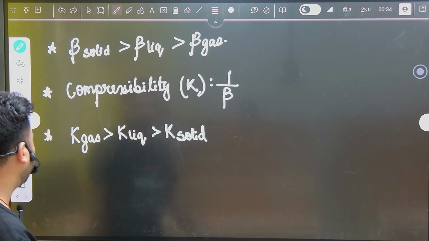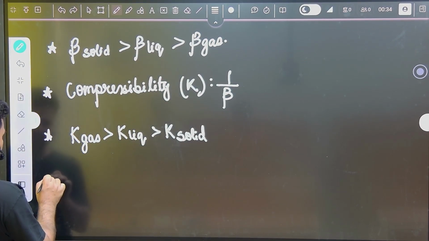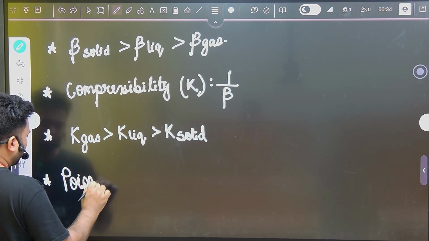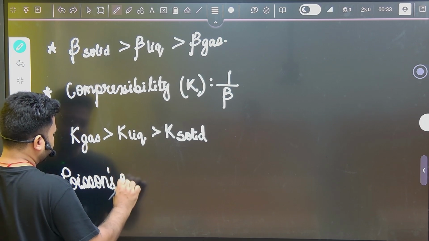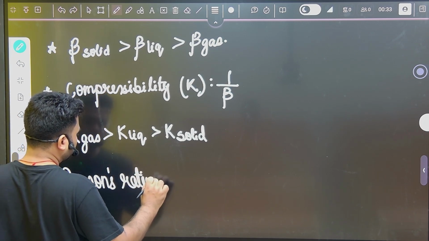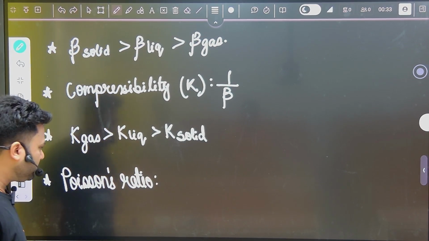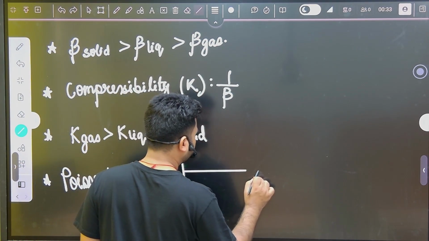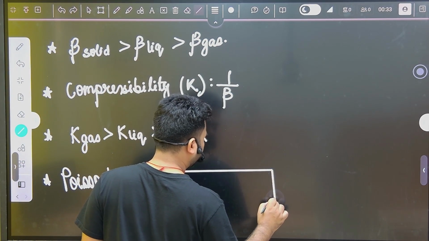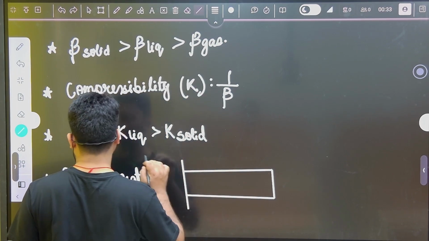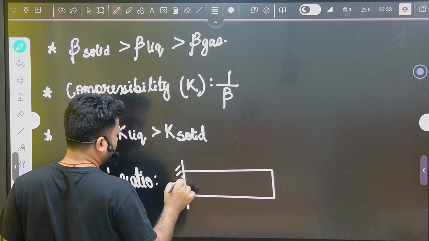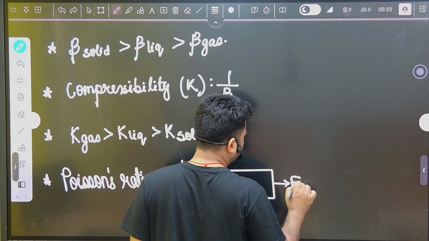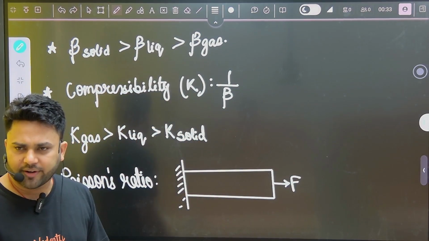Correct. Then there is a term which is called Poisson's ratio. Now, what is Poisson's ratio? Try to understand: suppose there is a rod like this. You apply some force, so this long rod will elongate.